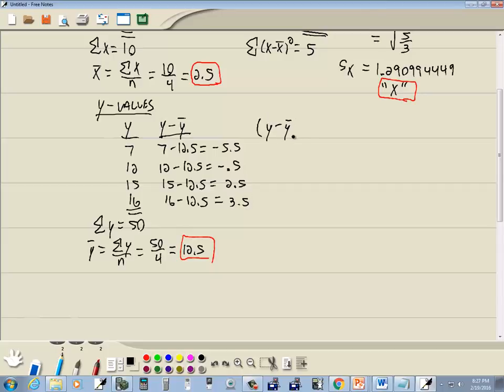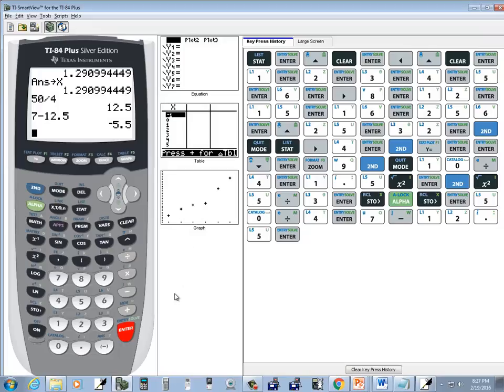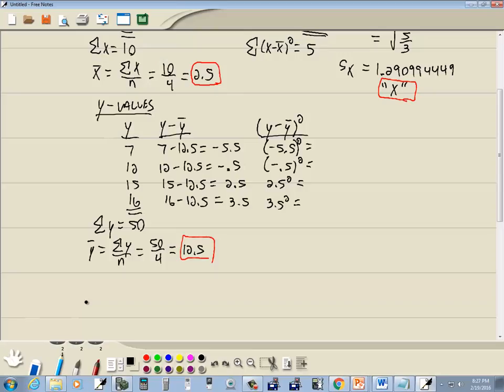Well, now we're going to take our y minus y bar and we're going to square it. So I got negative 5.5 squared, negative 0.5 squared, 2.5 squared, and 3.5 squared. Now, I don't need to worry about signs because when you square anything, it's positive.